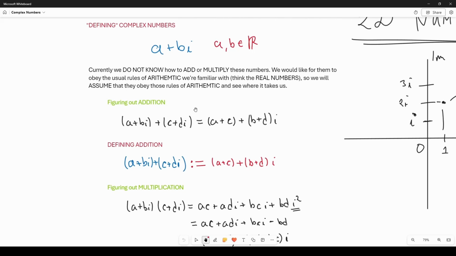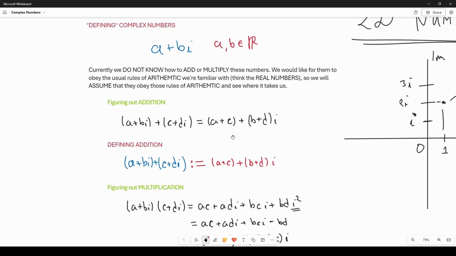Now, these numbers that we've just defined, they're a new sort of object, a new sort of number, and we currently don't know how to add or multiply these numbers. So we will have to figure out how to define addition and multiplication in a meaningful manner.